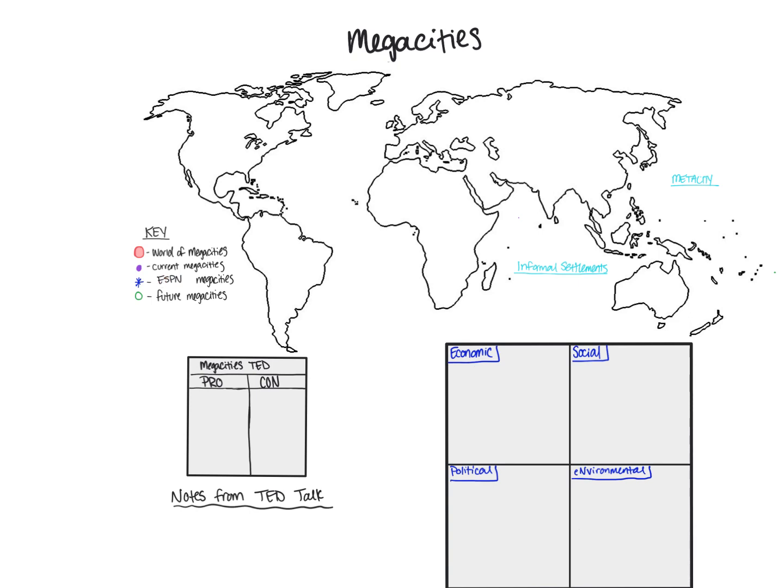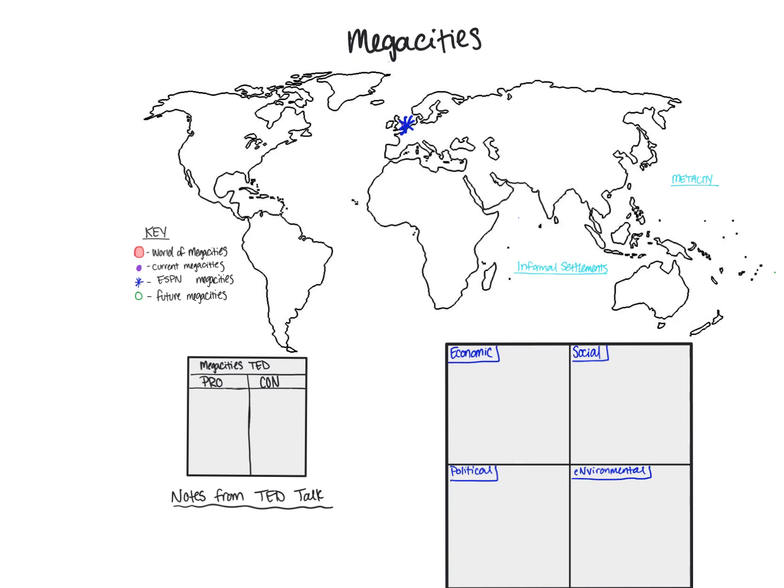If I had London, for example, as a current megacity, and London is also in that article with the ESPN part, I would just put a star over it. You're going to have duplicates, which is fine for that part. Okay, so read through that article and add to your ESPN map. When you're ready, you'll move on to slide number 4.